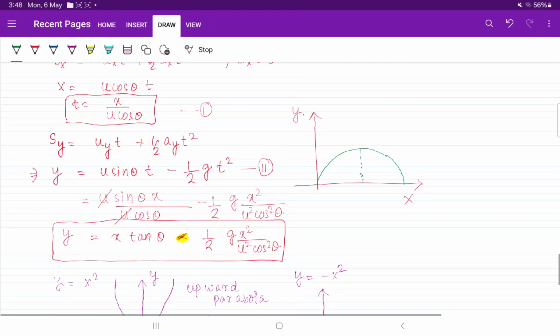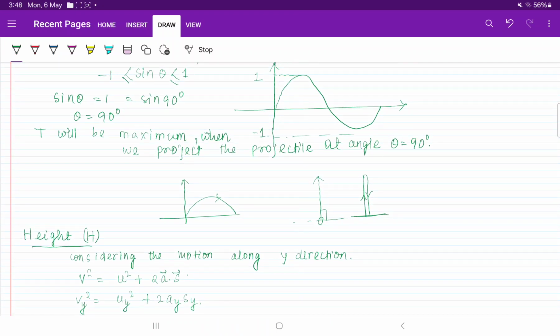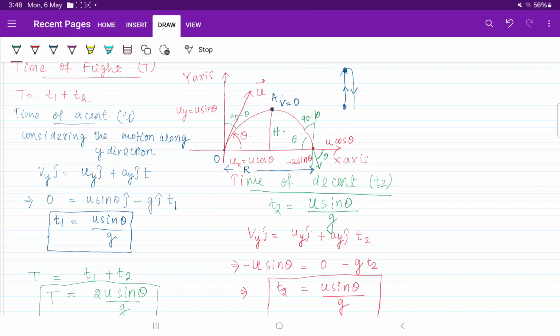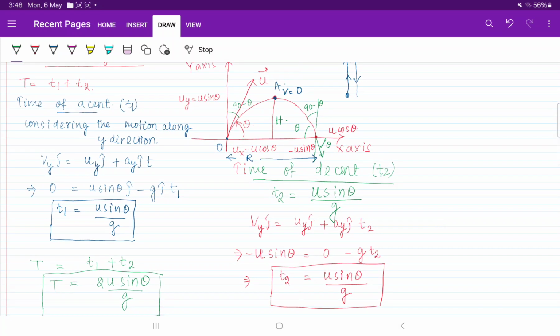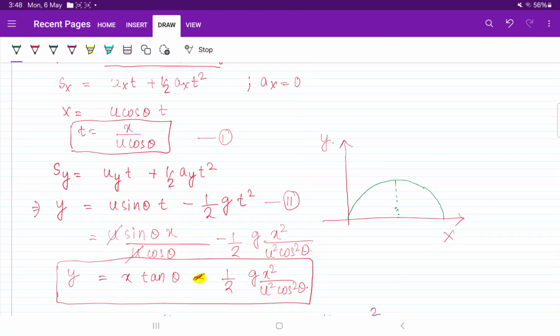So what we have discussed in this lecture is that we have solved one two-dimensional motion problem, that is known as the projectile, and for the projectile we have found the expressions of horizontal range, height and total time of flight. So these are the three expressions we have found, and finally mathematically we tried to prove that the motion is actually taking place in the xy plane and it is parabolic in nature.